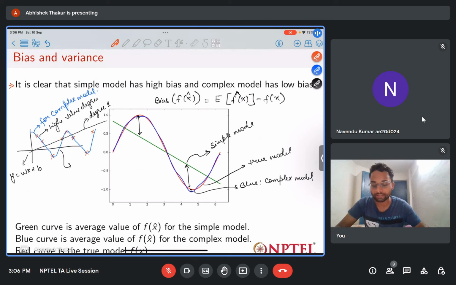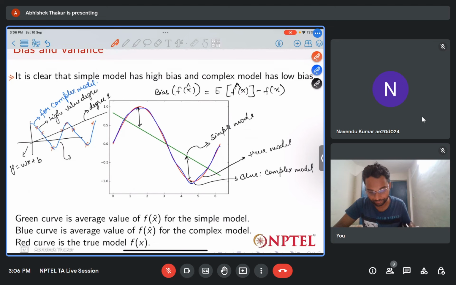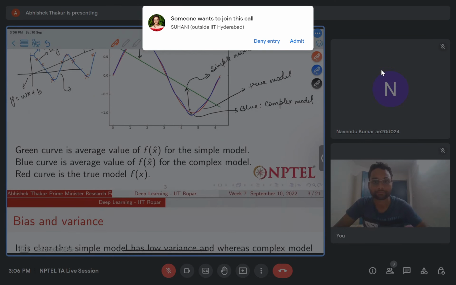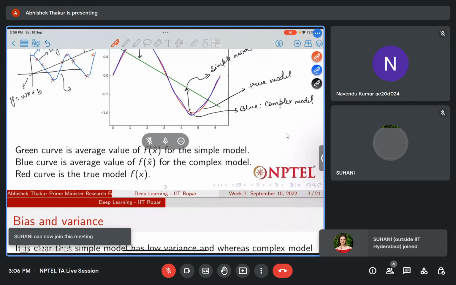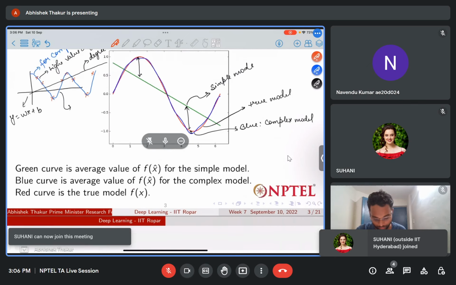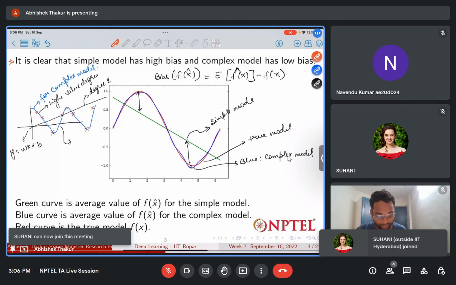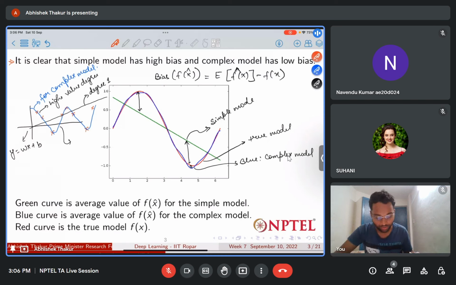Now we will see in terms of variance. Just to summarize whatever we talked about: we can see that the simple model has very high bias as compared to the complex model, which has very low bias.